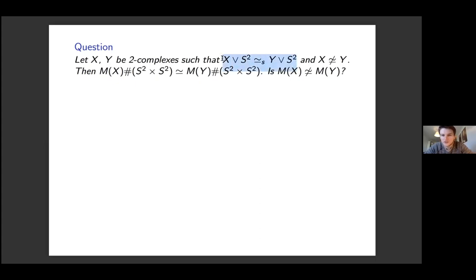And this detail about simple homotopy, when I say you can get rid of it easily, there are nice theorems. For example, if your 2 complexes X and Y have a finite fundamental group G, then being simple homotopy equivalent after a wedge is exactly the same as being homotopy equivalent after a wedge. So for finite fundamental group, it's the same thing. And that follows from a theorem of Hamilton and Craig in the 90s.